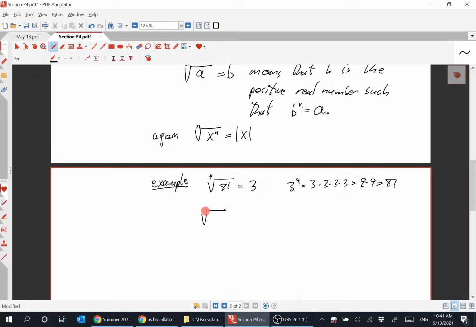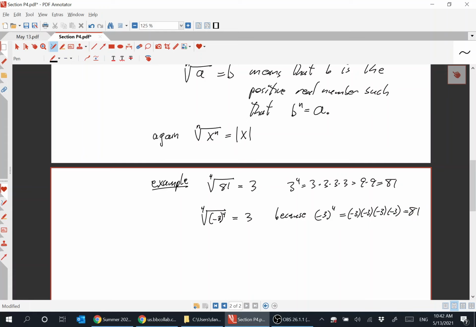However, the fourth root of negative 3 to the fourth is again equal to 3, because minus 3 to the fourth is minus 3 times minus 3 times minus 3 times minus 3, which is again positive 81.